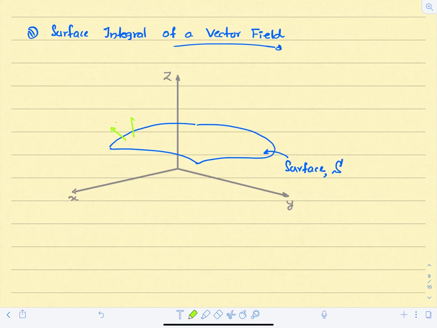So at every point we have a vector. Maybe this vector field points in different directions at every point, different magnitudes. So we have a vector field F. Let's say this is a vector field with the components P, Q, R. Usually these are functions of x, y, and z.